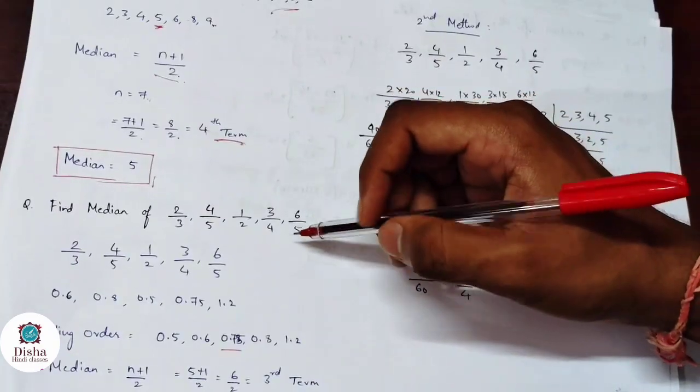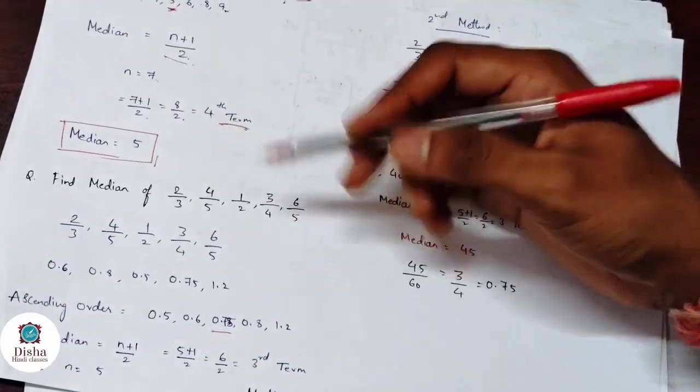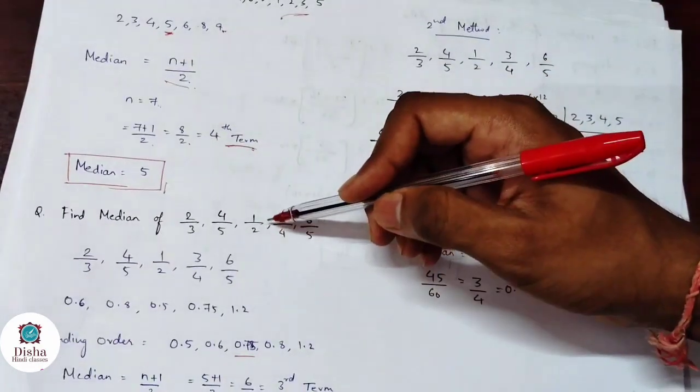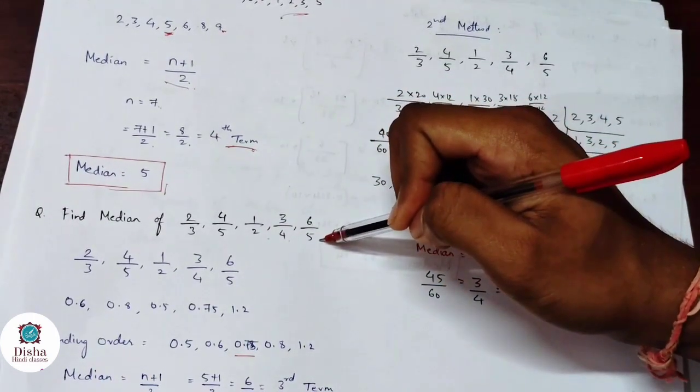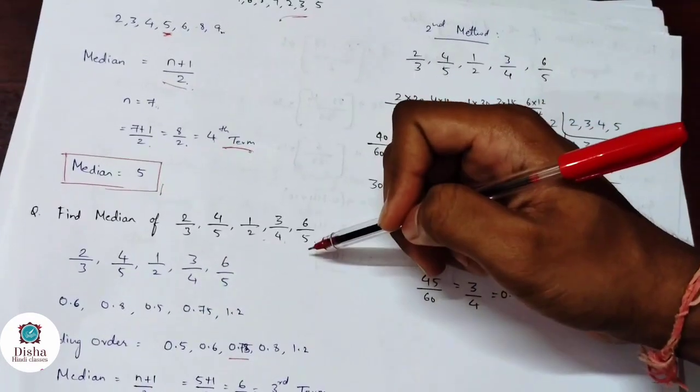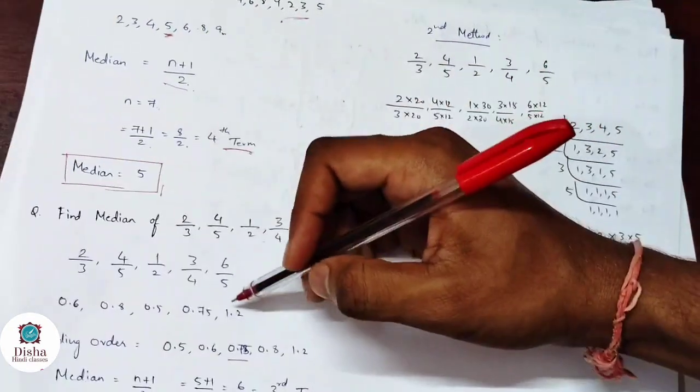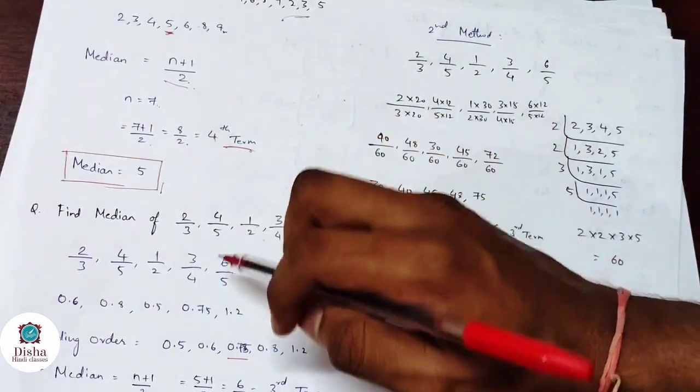Next question, here we have to find the median of 2 by 3, 4 by 5, 1 by 2, 3 by 4 and 6 by 5. To reshuffle them into ascending order, we have two methods.